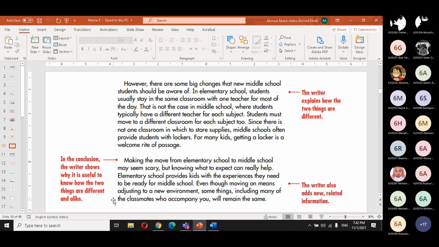But knowing what to expect can really help. If you know what's similar and what's different between the two schools, it can help you understand the situation. Elementary school provides kids with the experience they need to be ready for middle school, even though moving on means adjusting to a new environment.